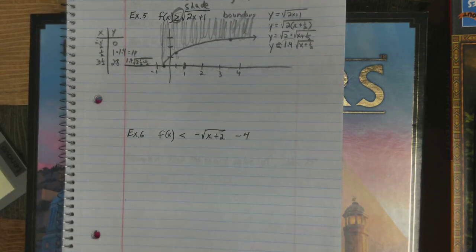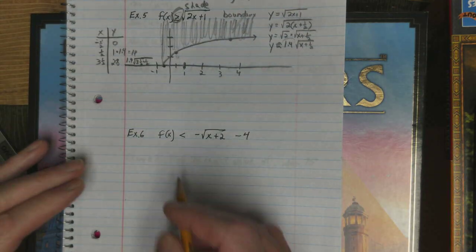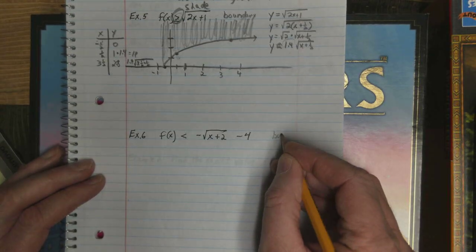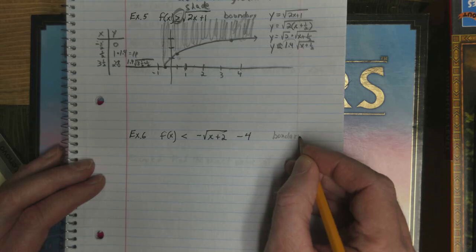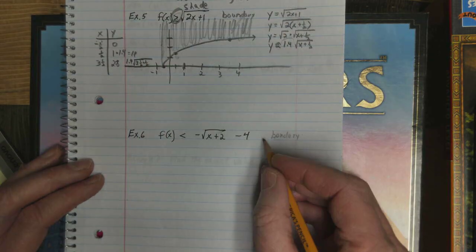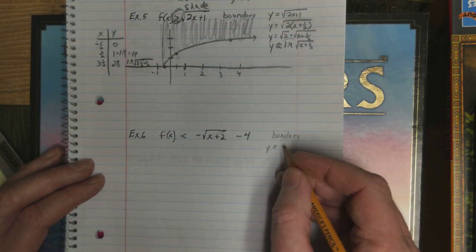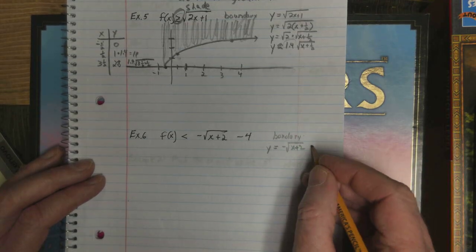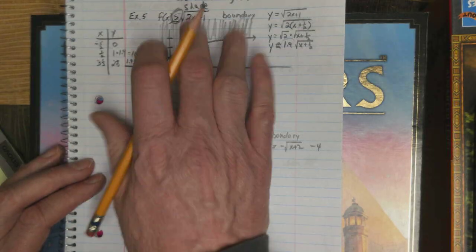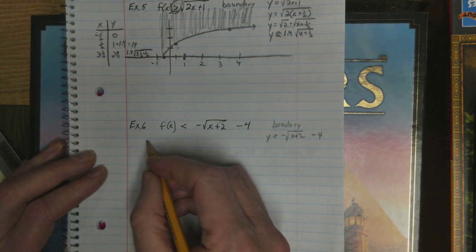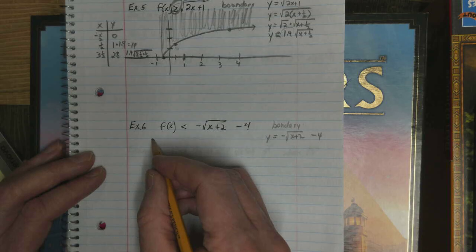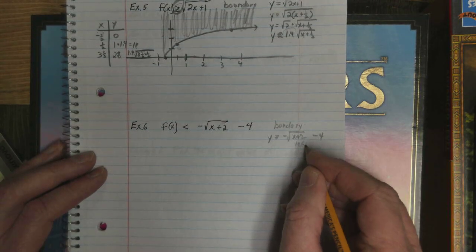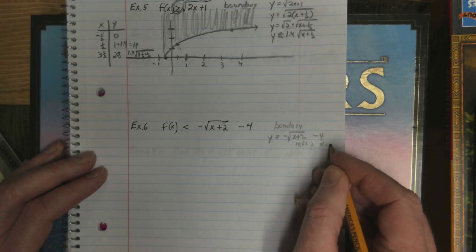Now, let's look at this one. All right. The boundary for this one, we're going to graph the boundary, is y equals negative square root of x plus 2 minus 4. This will be probably a little easier to graph than that one was, because all we got to do is shift the parent function left 2 and down 4.